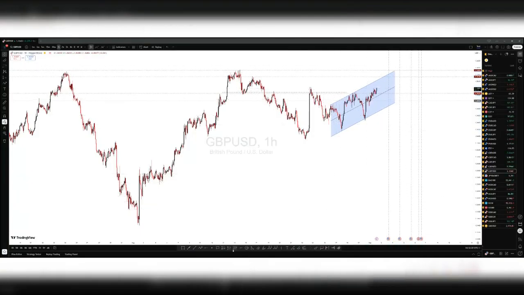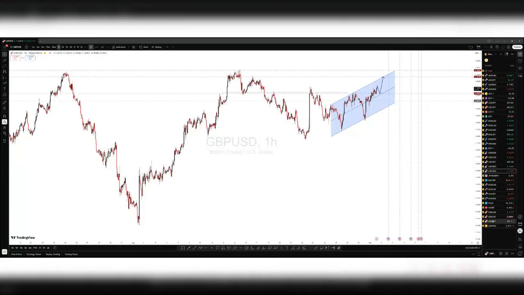Which means that on GU, there's a good chance that price does this. So GU, EU, we've talked about the fact that we are looking for buying opportunities on those pairs.